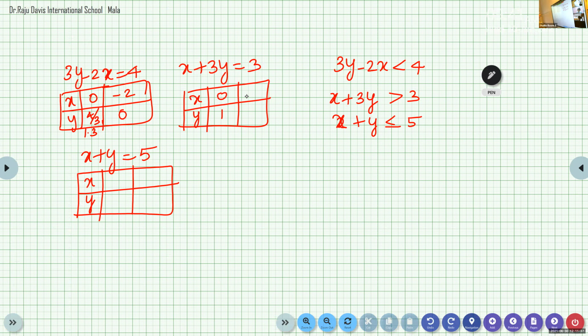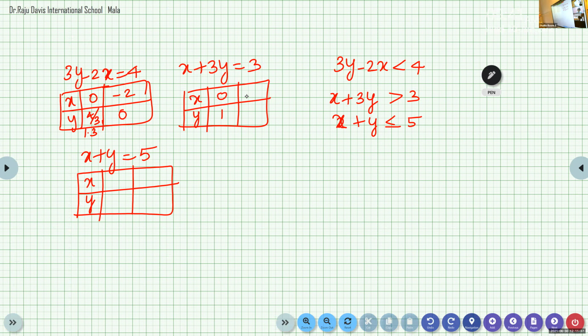For the first one, when x is 0, y is 1.3. That means somewhere here, isn't it? Then when y is 0, x is minus 2. So these are the 2 points. When I join this, I'll be getting a line.